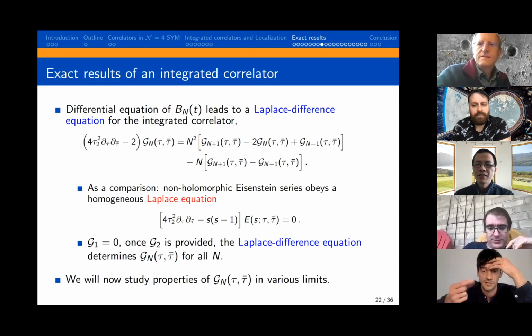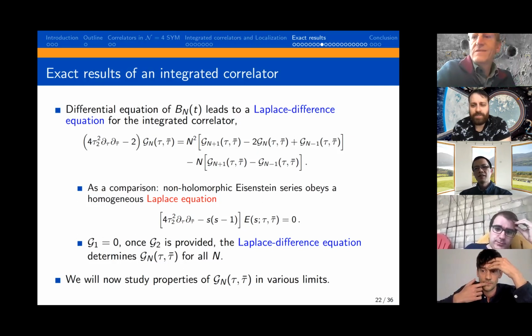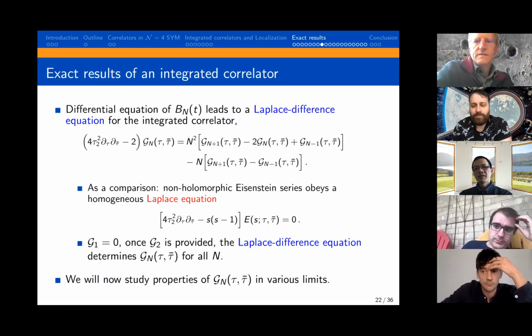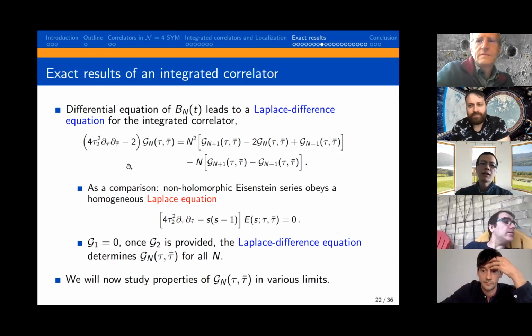What relates them? They're only related at the level of this specific quantity, not that they're always related. Is it just something specific, or is there something behind that? For this special integrated correlator.